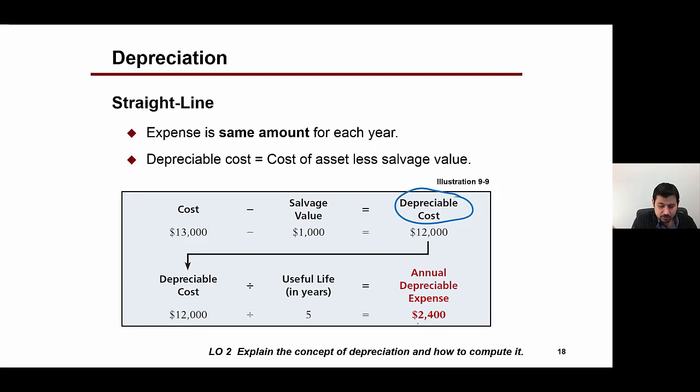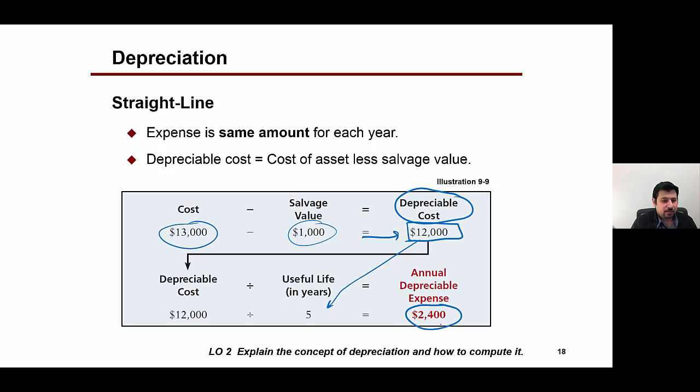So the way it is done, we subtract the salvage value from the original cost, and that gives us the depreciable cost. This depreciable cost is divided by the useful life in years, so it's 12,000 over 5, and that would be 2,400 for every year.